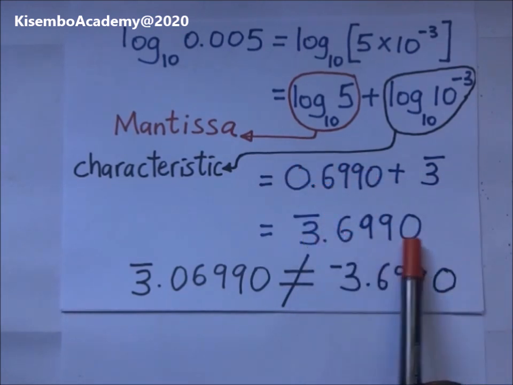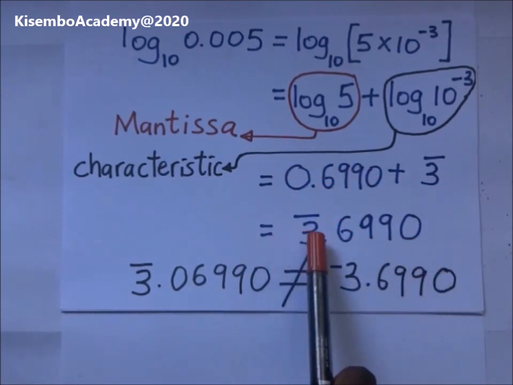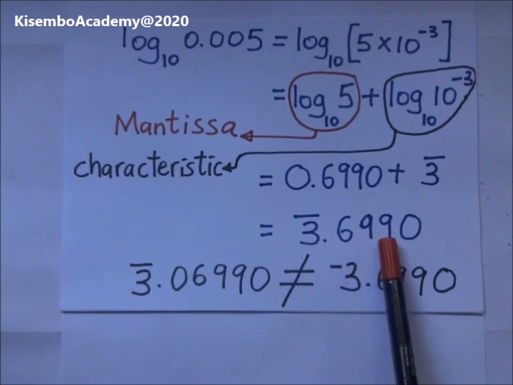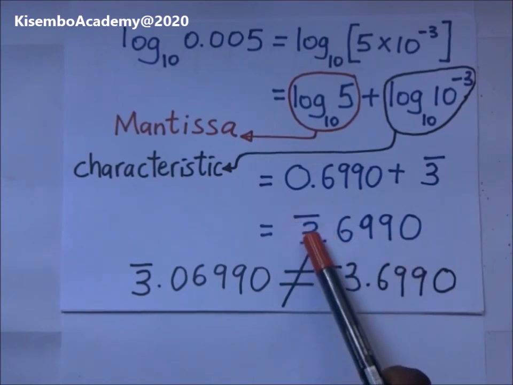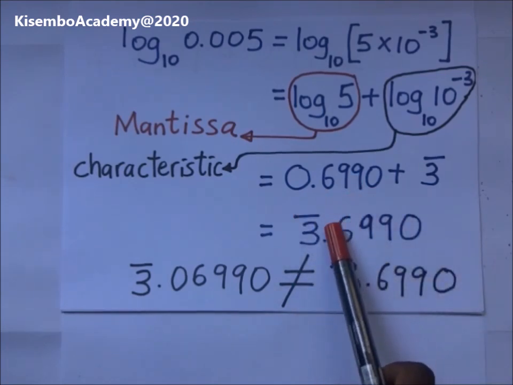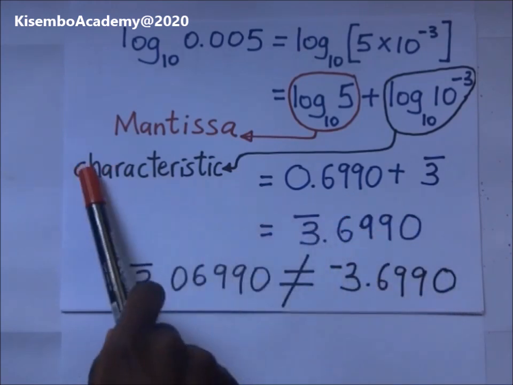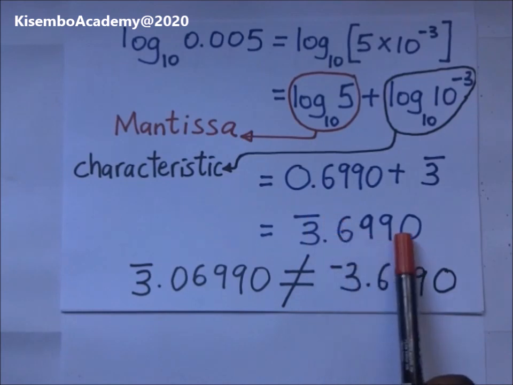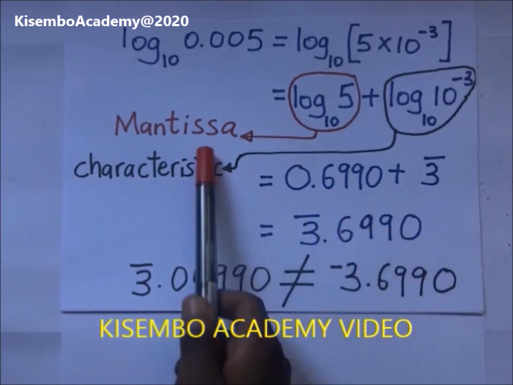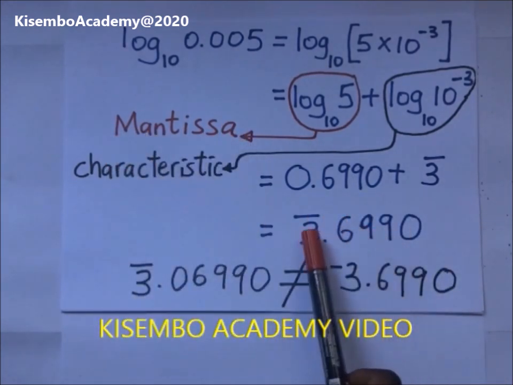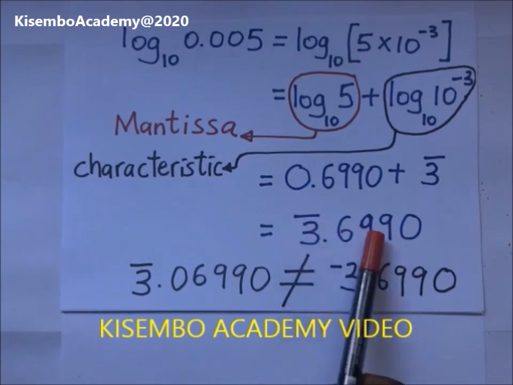But in actual sense here, the answer here now is negative 3.6990. But this negative 3 is independent of this other term. This negative 3 is the characteristic, and this other part of the number is what we are calling the mantissa. And these two are independent of each other.